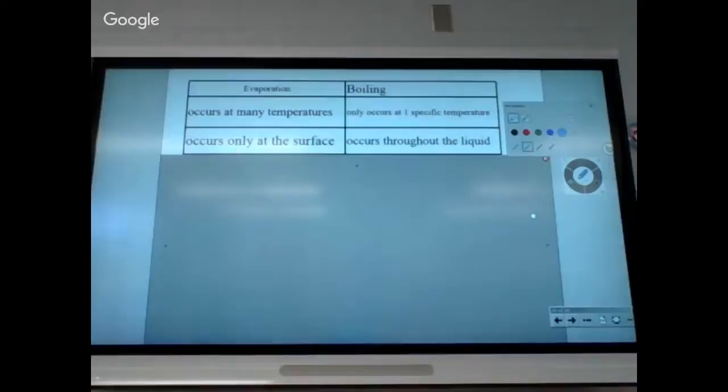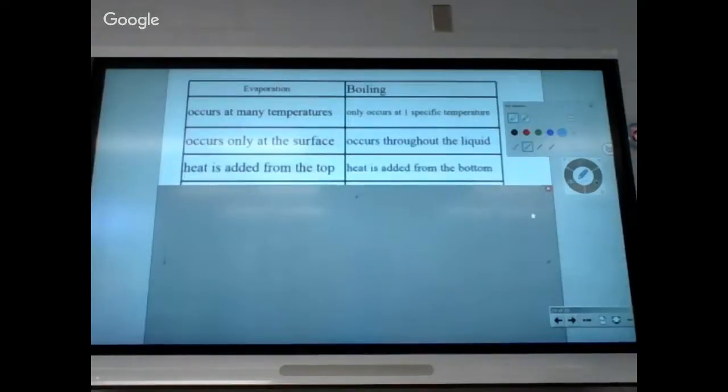That's also how you know it's convection, because you see the bubbles moving through the liquid. With evaporation, where does the heat come from? Comes from the top. With boiling, the heat comes from where? Comes from the bottom.